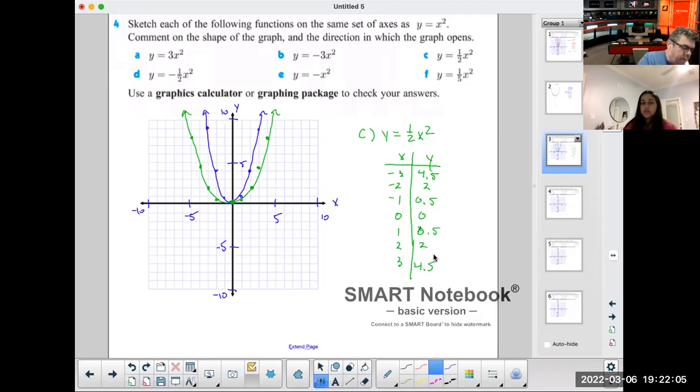So in this case, would the line of symmetry still be 0, 0? Sure would. It would be x equals 0.